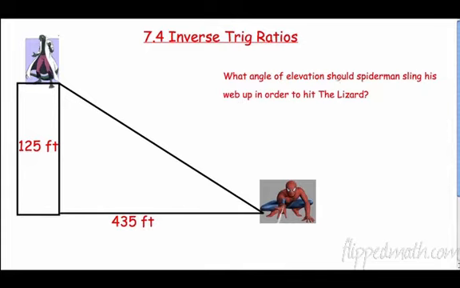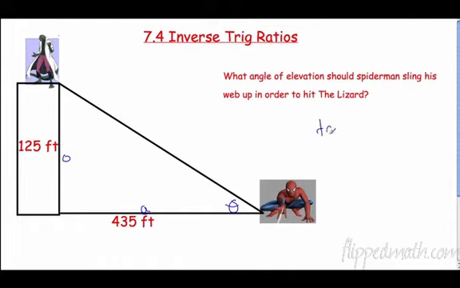What angle of elevation should Spider-Man sling his web up in order to hit the lizard? Well, Spidey's here, the angle of elevation, here's the horizontal, so this is the angle we're talking about. A lot of times I use this Greek symbol theta. If you just like x, that's fine. We know this is going to be opposite, and we have adjacent, so what's opposite over adjacent?